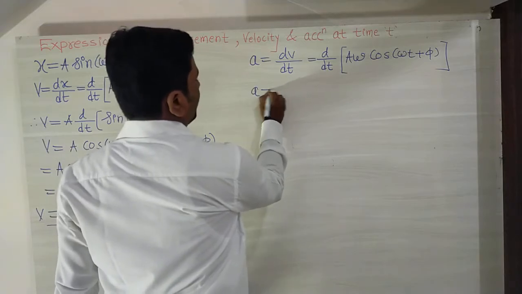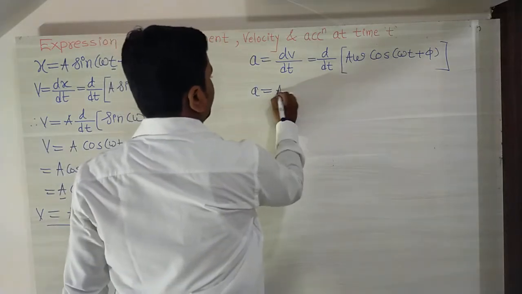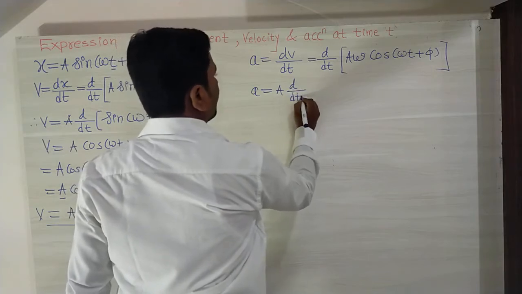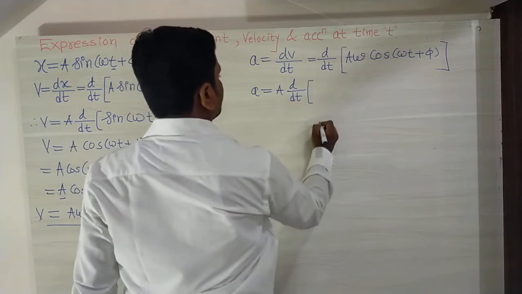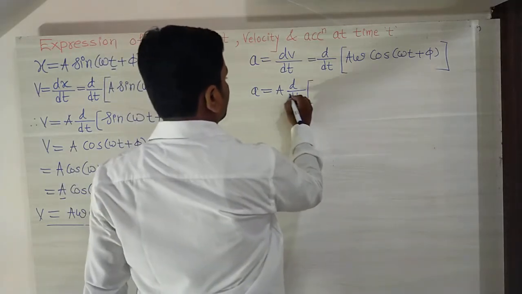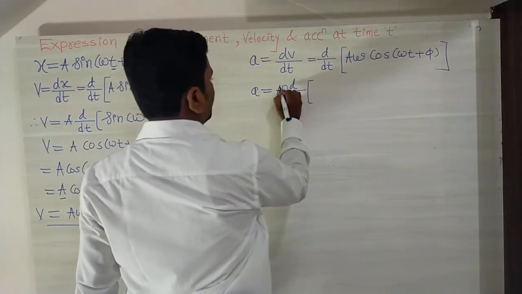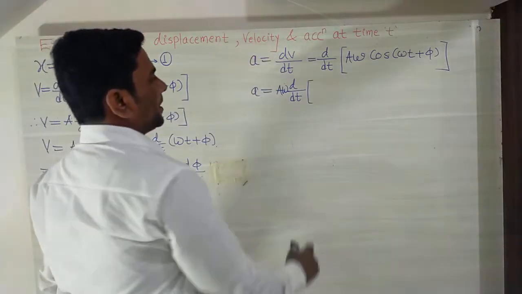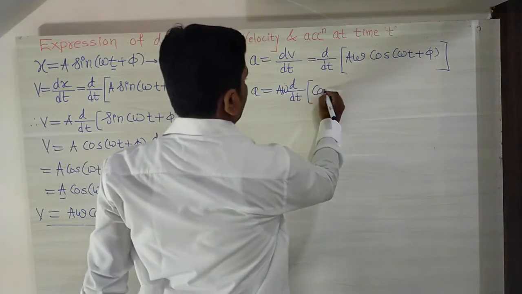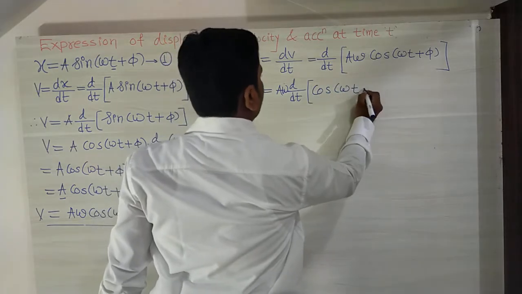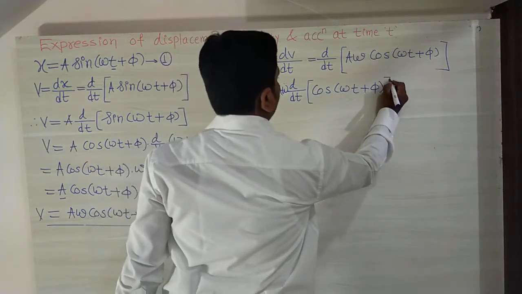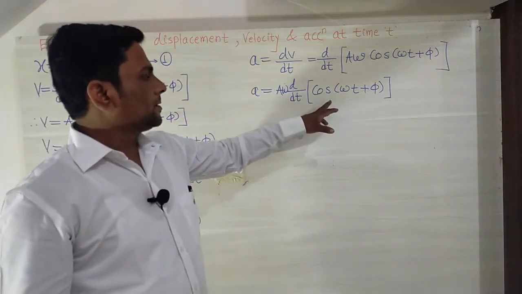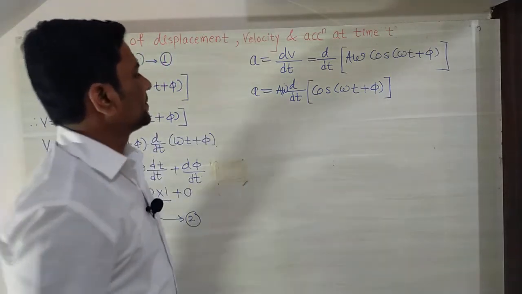Therefore acceleration is equal to d by dt of a omega, which is constant and outside the derivative, into d by dt of cos of omega t plus phi. And by using the same rule we solve it.